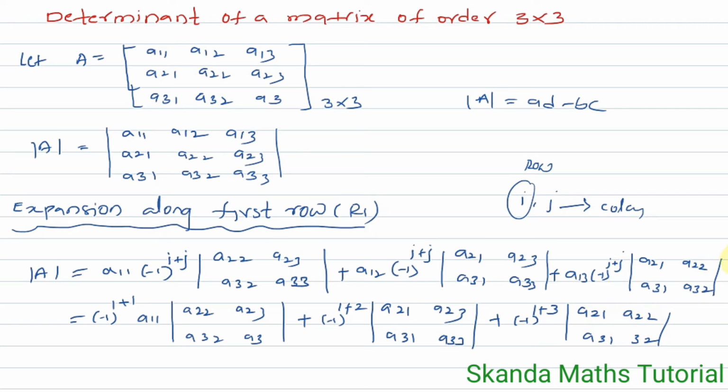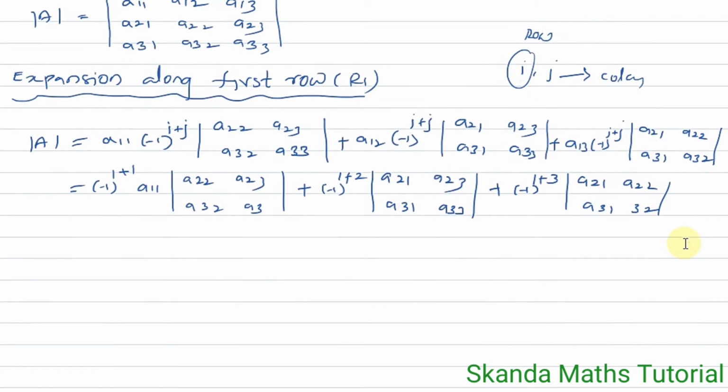And we know that minus 1 whole power 1 plus 1 means minus 1 whole square, which is 1, into A11, and this value is A22 into A33 minus A23 into A32.